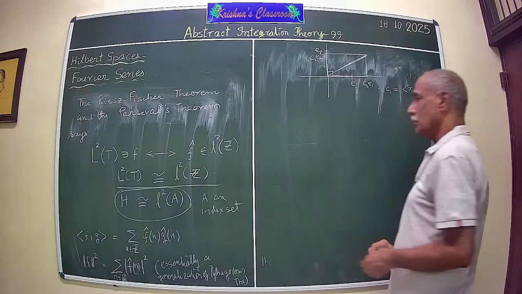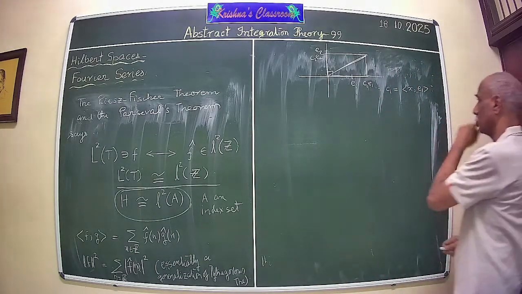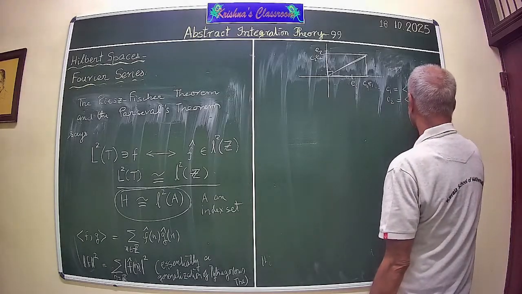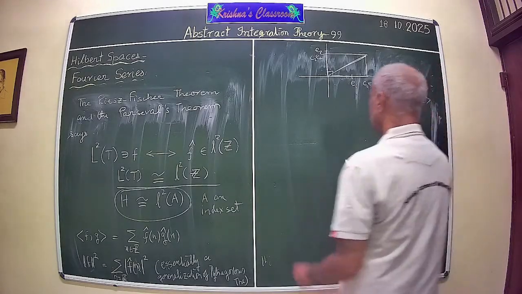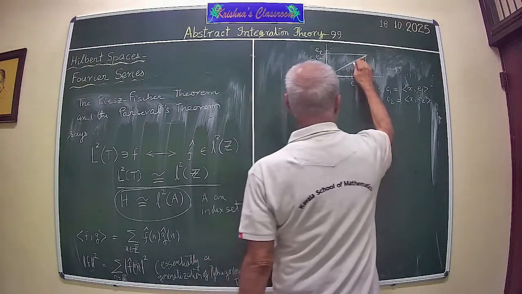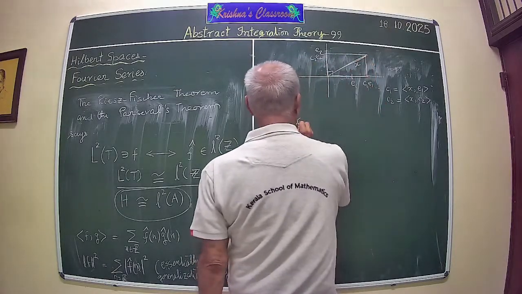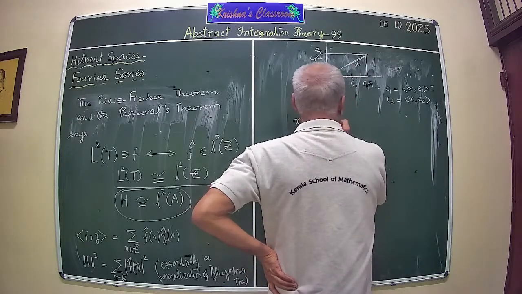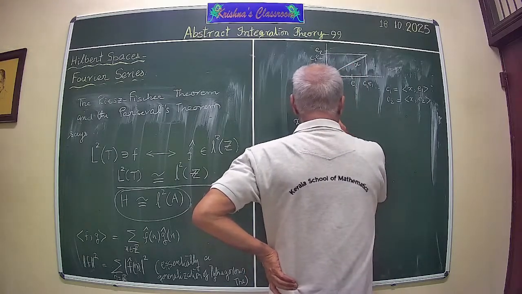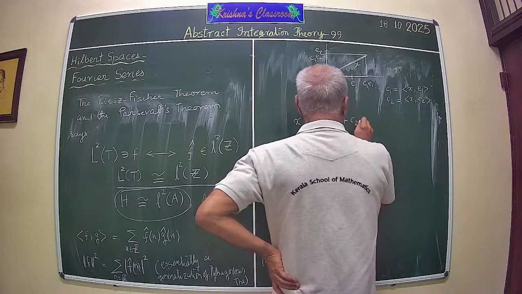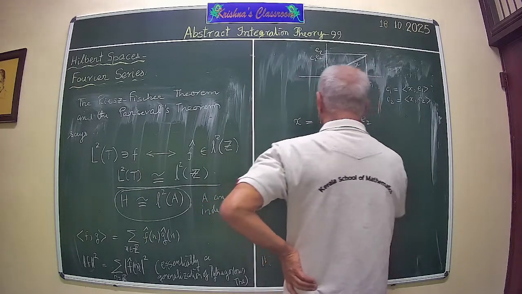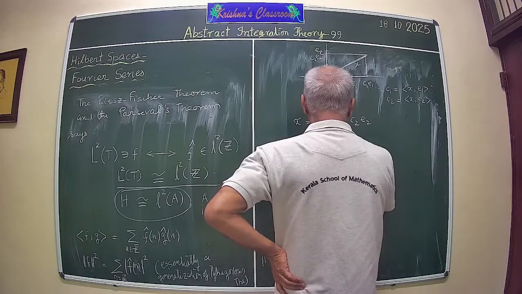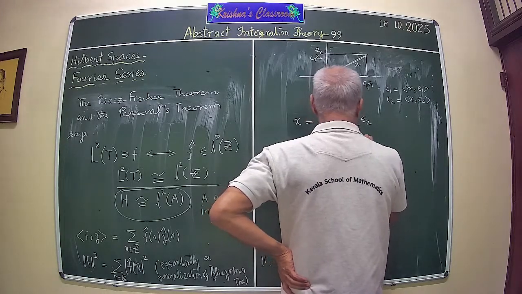Here you are using the powerful relation of orthogonality. C2 is equal to the inner product of x and E2. So if you call this the vector x, x is equal to C1 E1 plus C2 E2, which is equal to the inner product of x with E1 times E1 plus the inner product of x with E2 times E2.